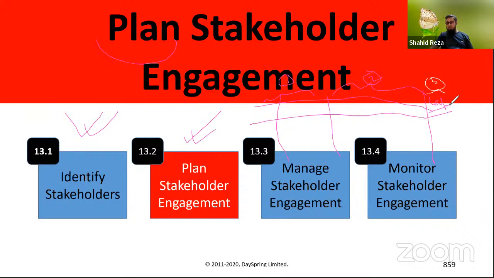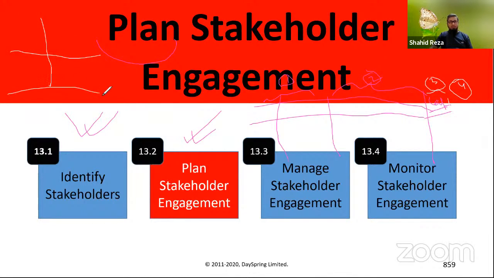So now we will add another two columns. One column will be strategy. How we want to manage our stakeholders, engage our stakeholders, that is strategy. And in the last class, we discussed stakeholder mapping. Can you remember stakeholder mapping? Four quadrants.